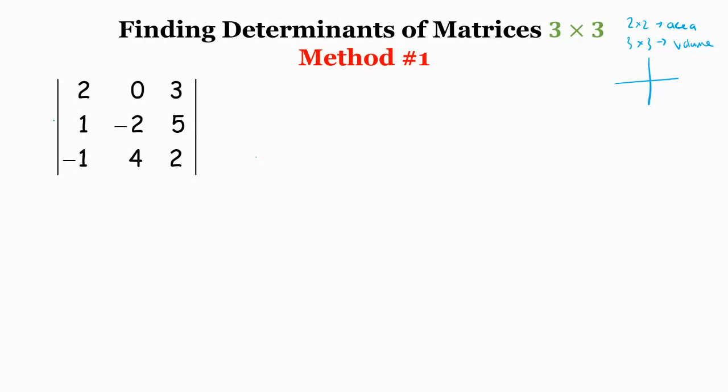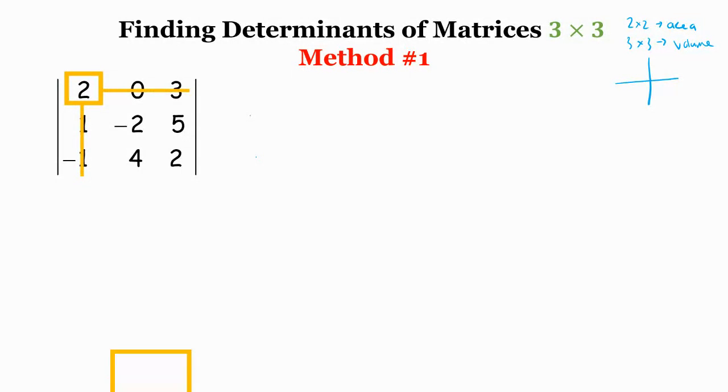So method 1, we're finding the determinant of this. Think like I'm finding volume: here's a point, here's a point, here's a point in 3 space, X, Y, Z. And I'm trying to find the volume of it. So I'm going to take the spot 1, 1, and I'm going to ignore these parts.